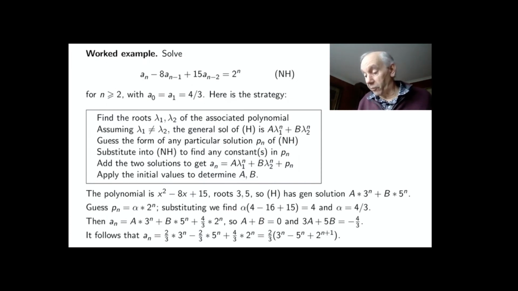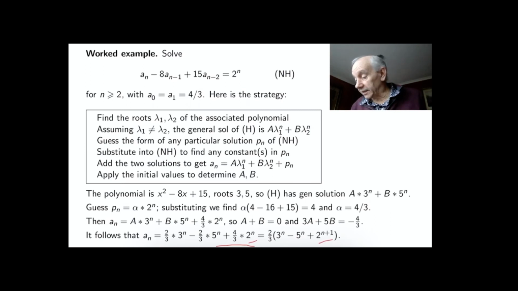So we have that the full solution is 2/3 3 to the n minus 2/3 5 to the n, and then 4 over 3 times 2 to the n, and I just rearranged that slightly by taking a common factor of 2/3 out, so that instead of 2 to the n here, I've converted it into 2 to the n plus 1.